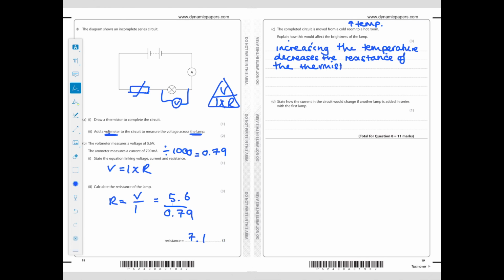After all, it is a temperature dependent resistor. And as such, because our resistance has decreased, it means that the current will increase. So the lamp gets brighter.